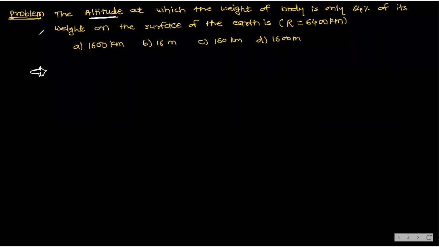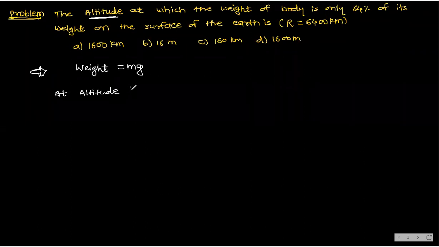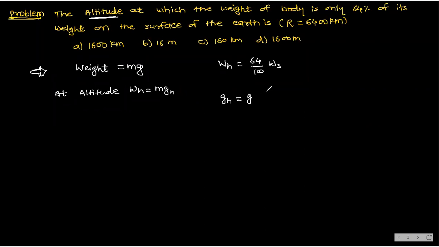Very good. gh is equal to G into R square by (R plus h) whole square.